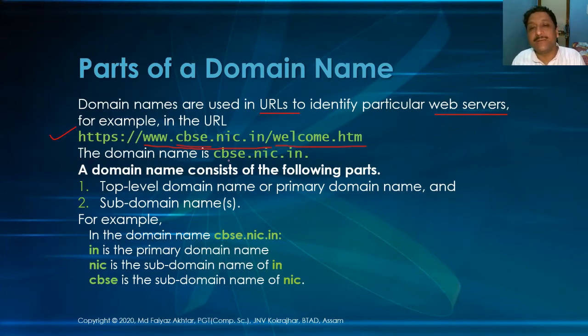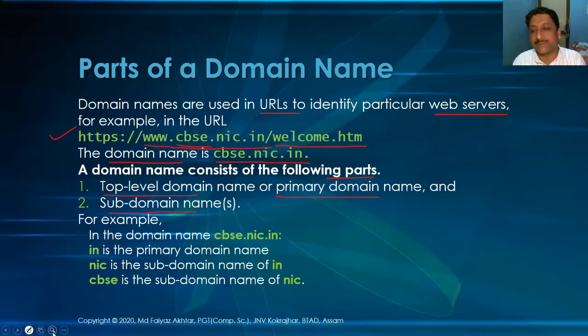Now, the different parts of the domain name. The domain name here is cbse.nic.in. The domain name consists of the following parts: the top level domain name, or primary domain name, and the subdomain name.